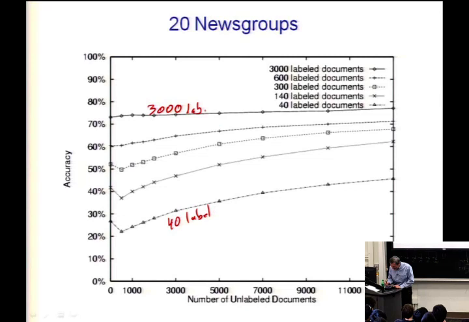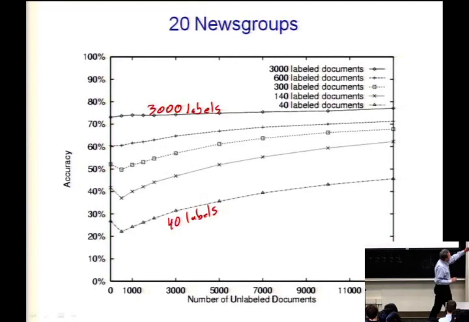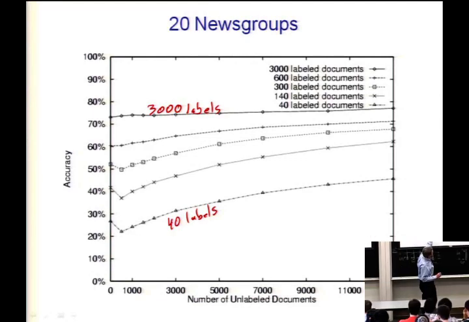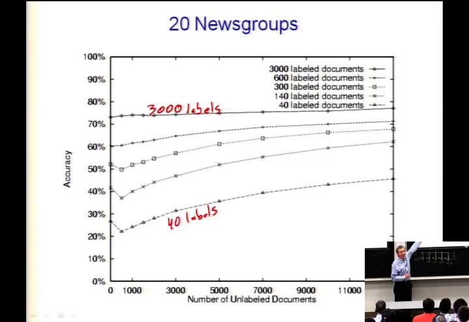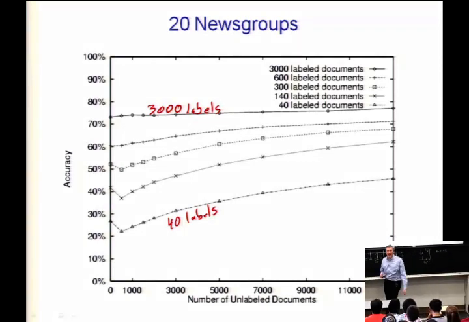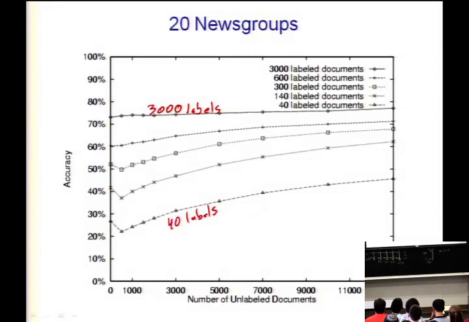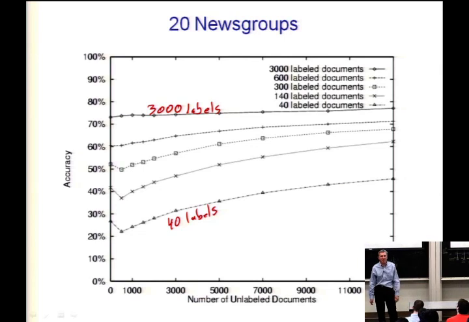And so again, you see the less labeled data you have, the greater the boost you get from unlabeled data, and the more important it is to use a lot of it. Whereas if you started with 3,000 labeled examples already, even adding thousands, 10,000 unlabeled documents doesn't really help that much. You're sort of getting close to saturation in your estimates of those thetas just from the labeled data.